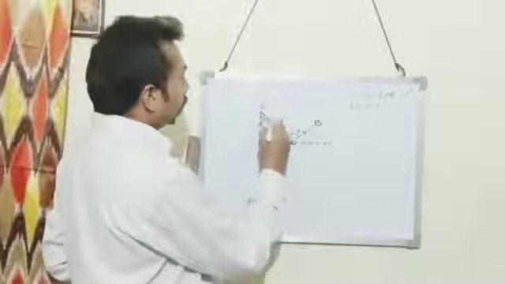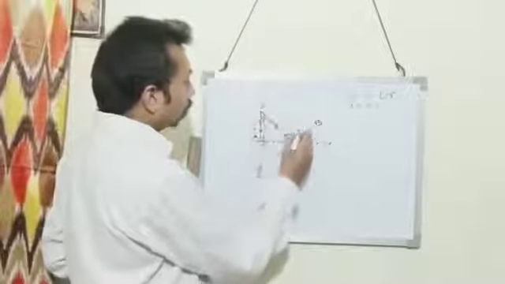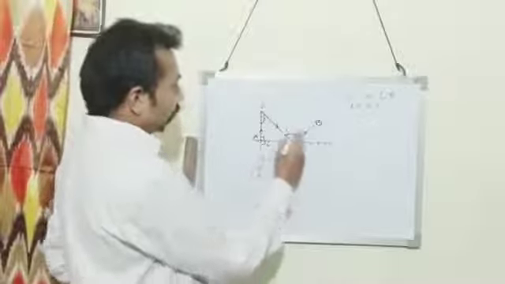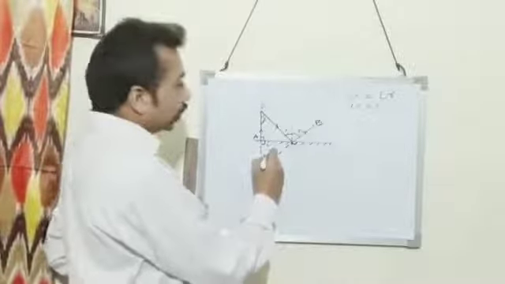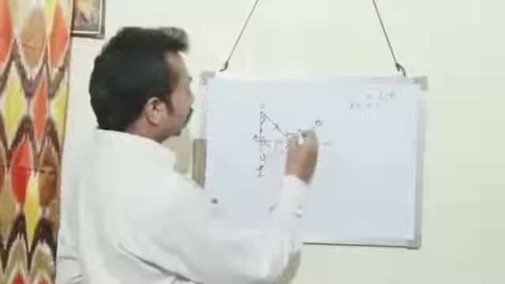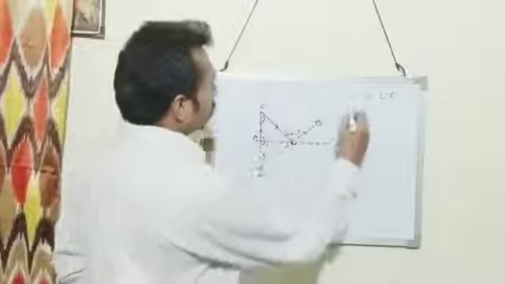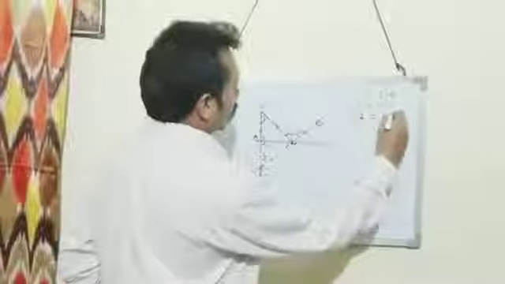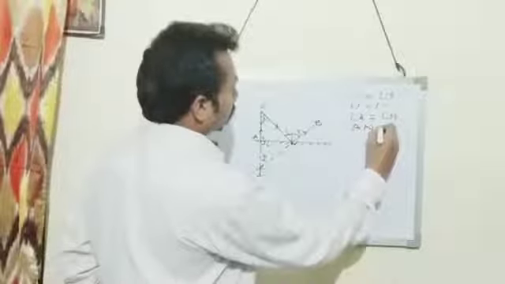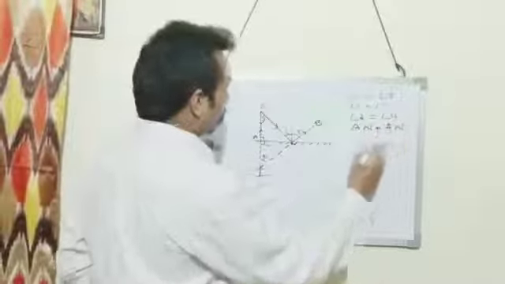Angle 3 and I are equal, alternate angles. Angle R and angle 4 are corresponding angles. They are equal. Since the angle of incidence and angle of reflection are equal, angle 3 and angle 4 are also equal. And in this triangle, AN is common.